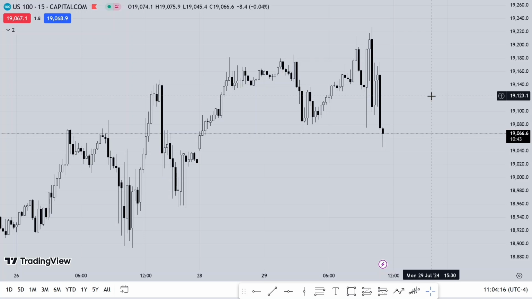So this video will be on premium, discount, and equilibrium. So we'll get right straight into it. The algorithm sees the marketplace in three distinct phases of value. These phases of value help smart money traders determine the quality of that asset class at that time in price.